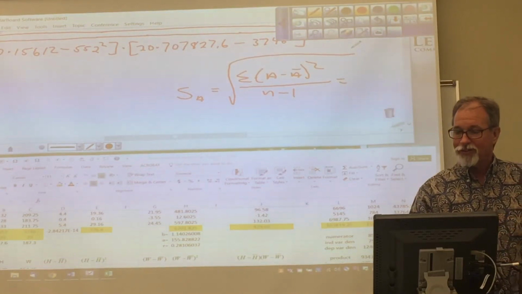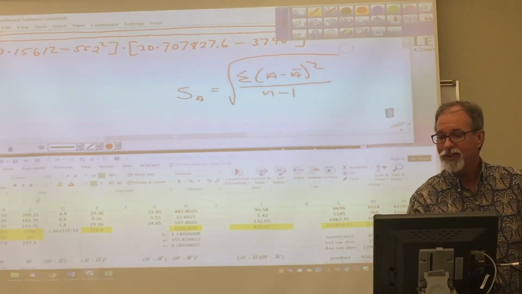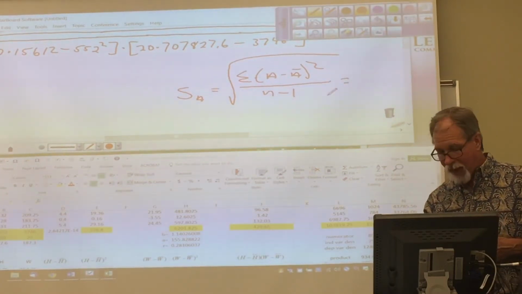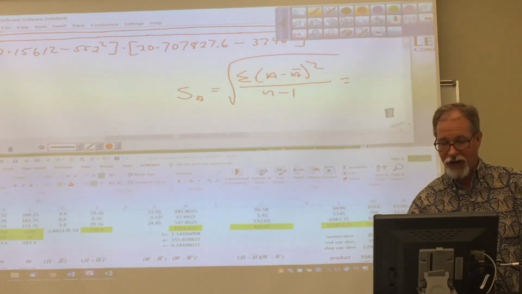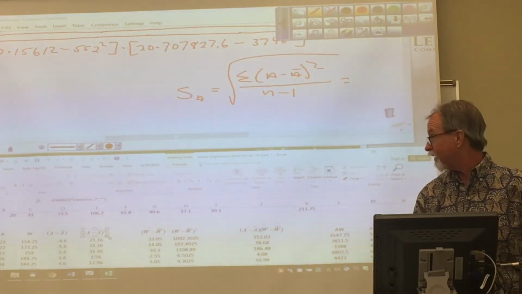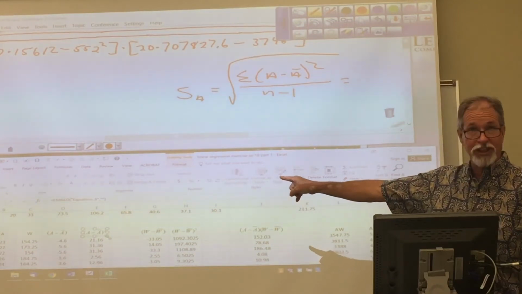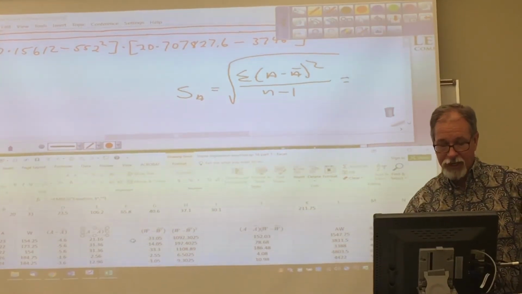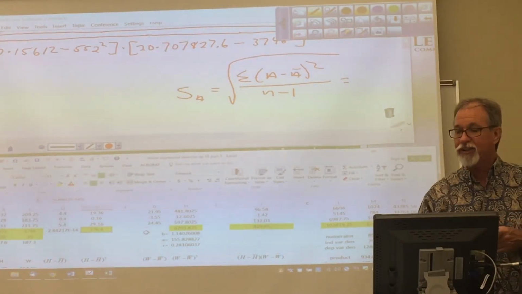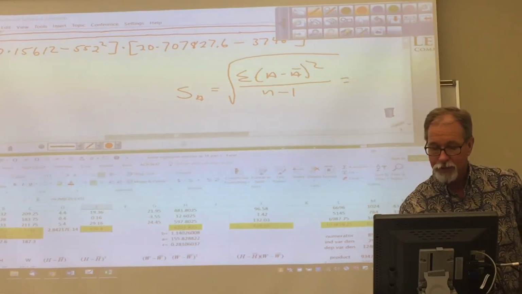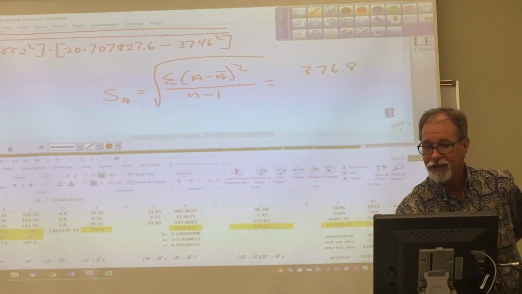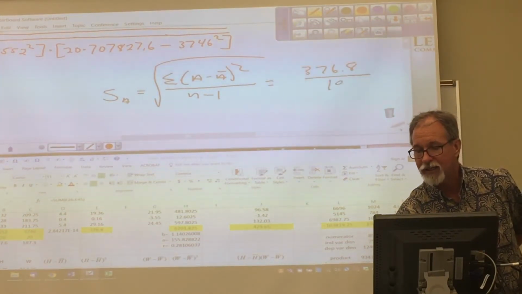Okay. So if I'm doing this, we go back, but you still need the columns, right? So I still need my column E. And I need the sum of column E, which is 376.8? Divided by 19. 376.8 divided by 19.